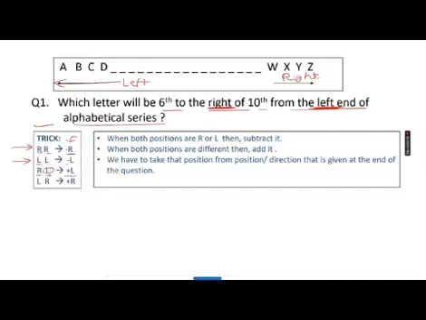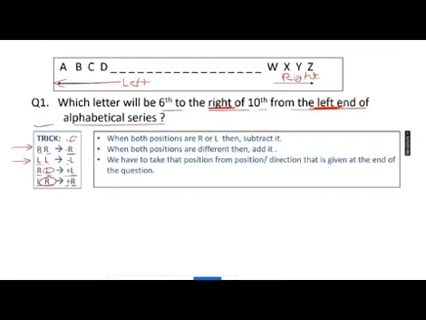For example, here the last direction given to you is left, so your whole answer will be according to the left. And if left and right opposite directions are given in the similar way, and the last direction given to you is right, your answer will be according to the right and you have to add these values.